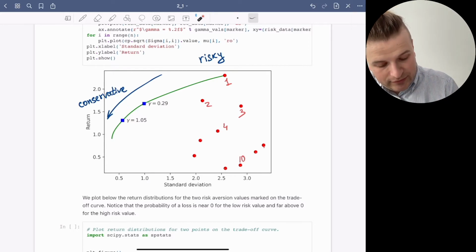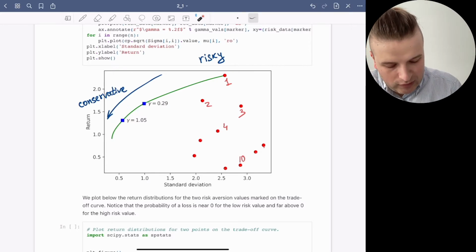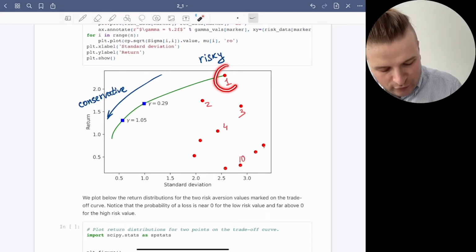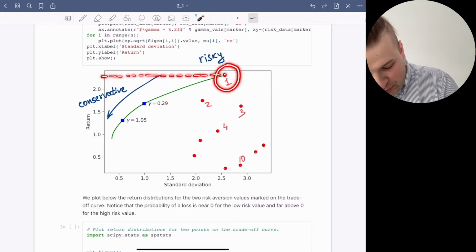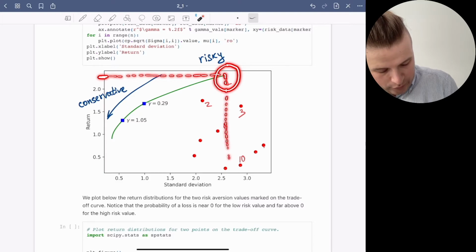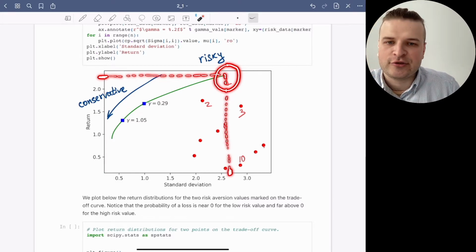What's interesting here is that if we would invest all our money in this first asset, we'll receive the maximum return value. At the same time, we'll have a very, very risky strategy here, right?